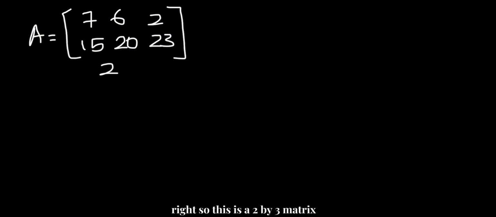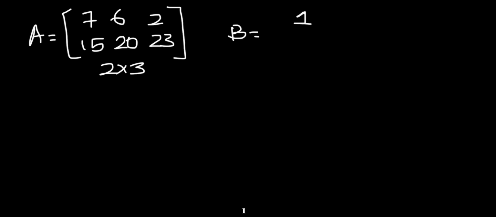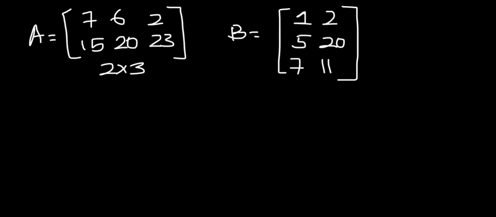Right, so this is a 2 by 3 matrix. Say we have another matrix, matrix B: 1, 2, 5, 20, 7, and 11. And this is a 3 by 2 matrix.